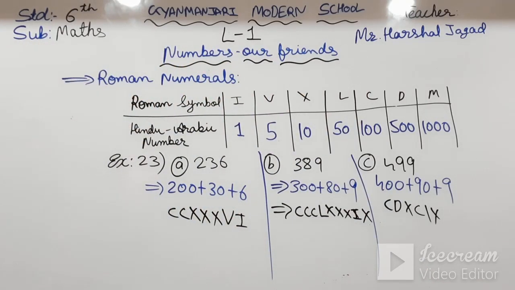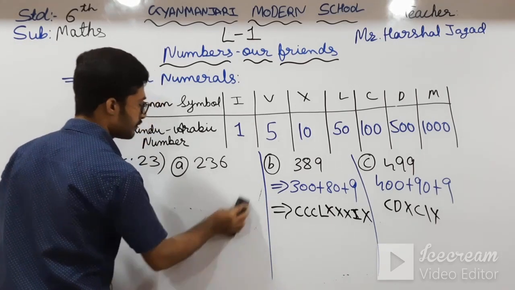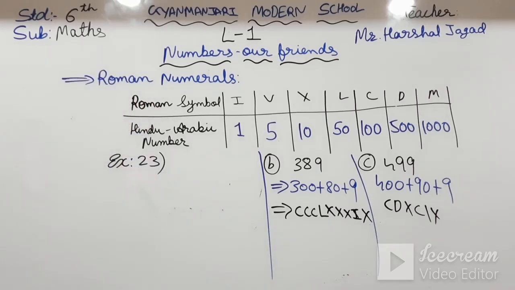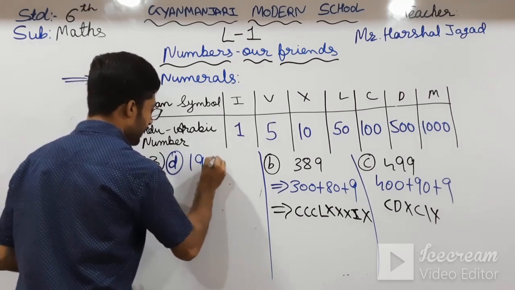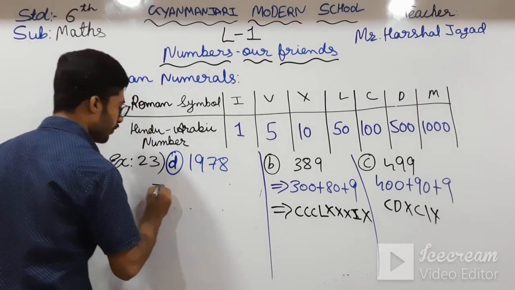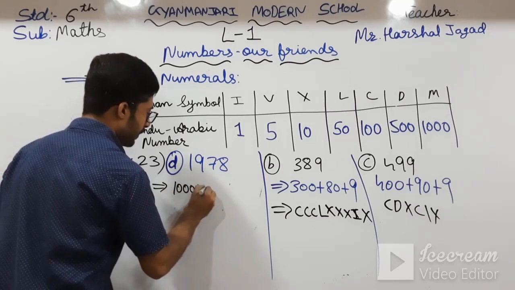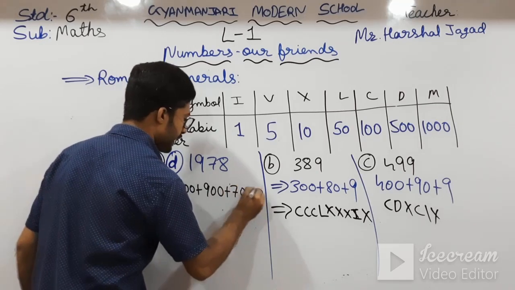Okay, students. Next, here the next one is D. D is 1978. So first of all, what do we have to do? We have to partition it: 1000 plus 900 plus 70 plus 8.